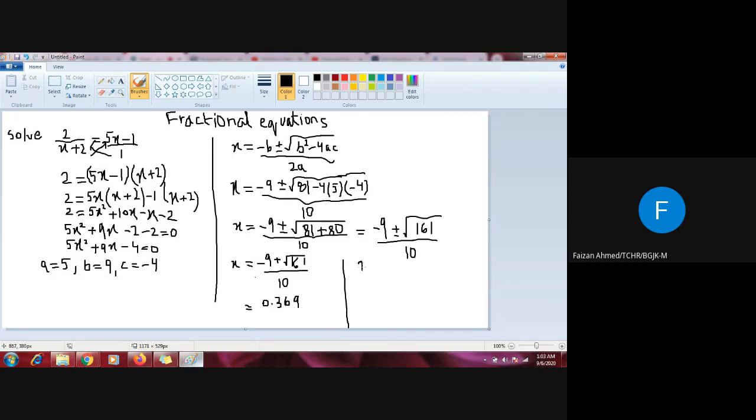And the other possibility is, I'm going with the negative one, so this will be minus 9 minus the square root of 161, and that will be upon 10.